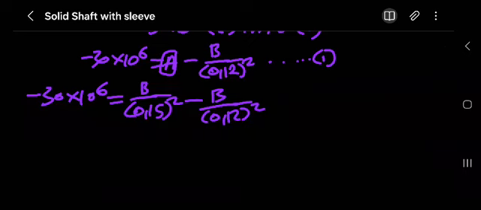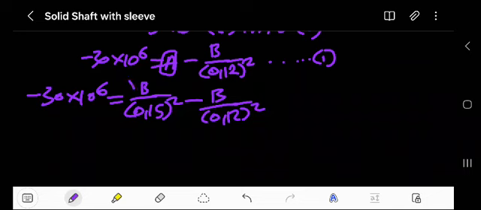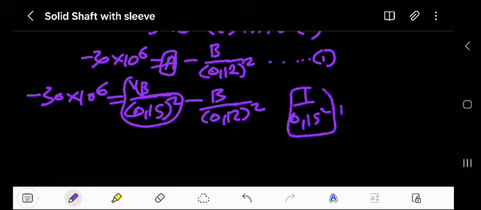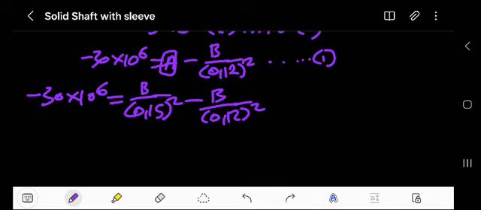As you can see, if you find this mathematics difficult, this is the same as 1 over 0.15 squared. You punch this, you have b. So it's up to you which method to use. It's the one and the same thing, guys. All right, here I have minus 30 times 10 power 6 is equal to that.